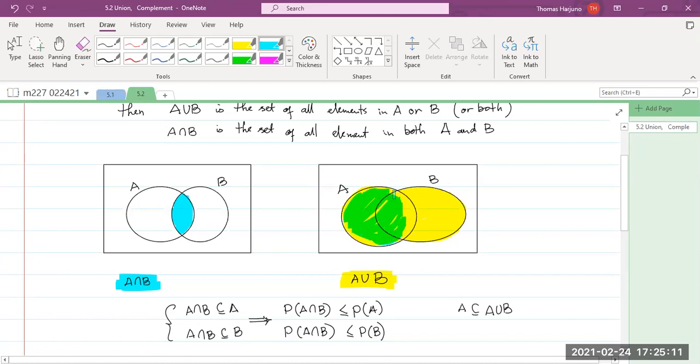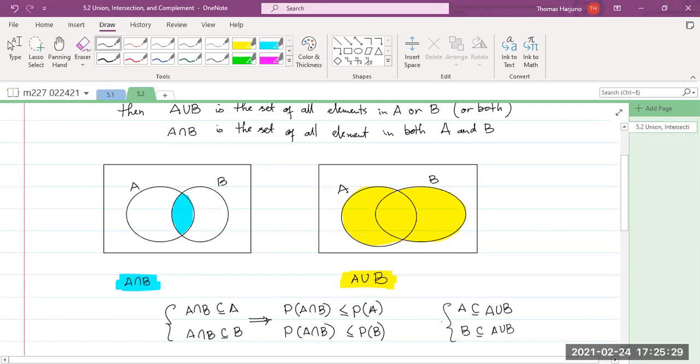Now you see the yellow one is larger than the green one. The total yellow, including A, is greater than A itself. Likewise, set B is always a subset of A union B.